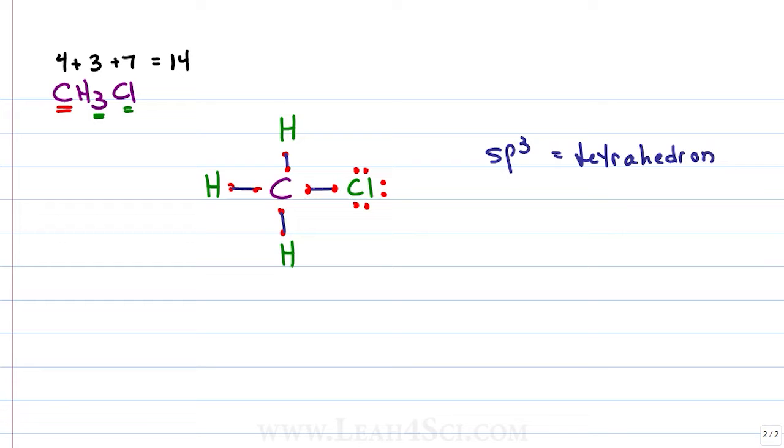What about polarity? Carbon and hydrogen have a nonpolar bond. Carbon and chlorine have enough of a difference in electronegativity where the electronegative chlorine is pulling electrons away from carbon, making carbon partially positive, giving me a dipole in the direction of chlorine.